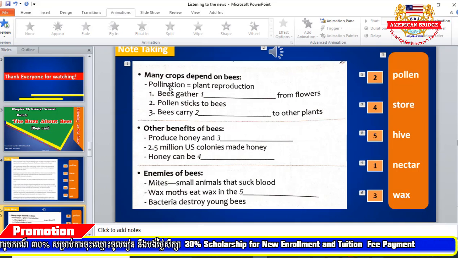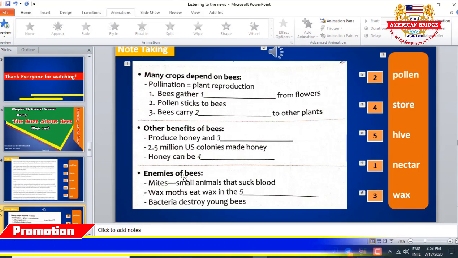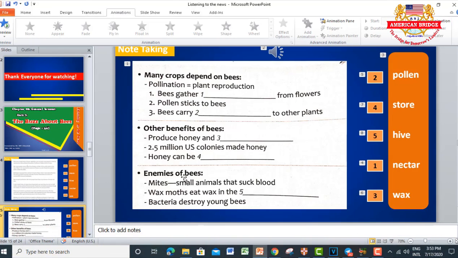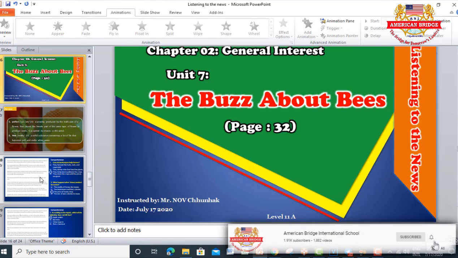And the third section, you learn about the enemies of bees. The enemies of bees could be chemical enemies and natural enemies. And the natural enemies you have learned are the word mite, wax moth, and some bacteria. And the chemical poison is the enemy of bees as well. Okay, so let's move to the next one.